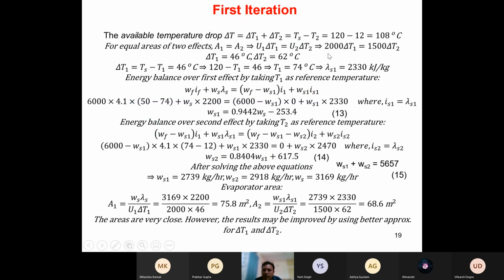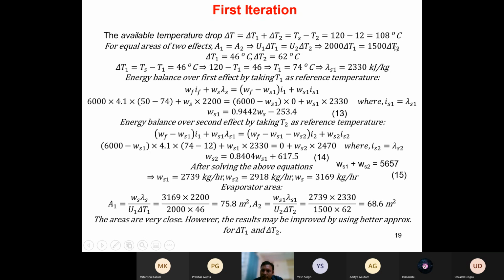So we can put 2000 delta T1 and 1500 delta T2. And we have another equation, delta T1 plus delta T2 equals 108. Two equations, two unknowns, so we can calculate delta T1 and delta T2. Is it clear to everyone? Does it make sense? Yes, sir.